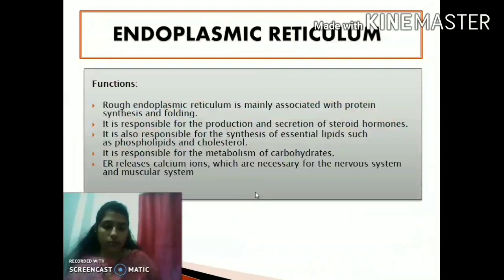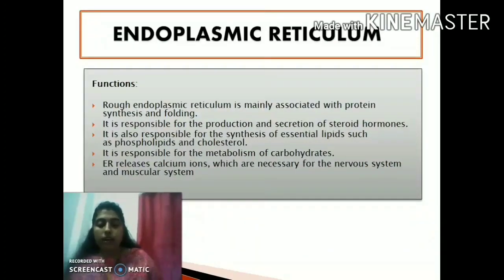So let's now move to the functions of the endoplasmic reticulum. The endoplasmic reticulum is of two types, already we have seen, right? The smooth endoplasmic reticulum and the rough endoplasmic reticulum. The functions played by each of them are a bit different. The rough endoplasmic reticulum is mainly associated with the synthesis of proteins.